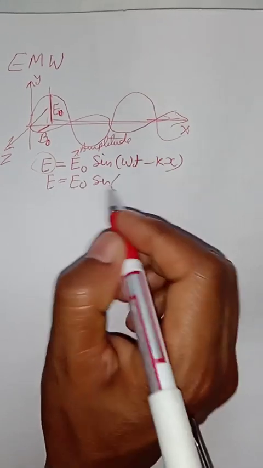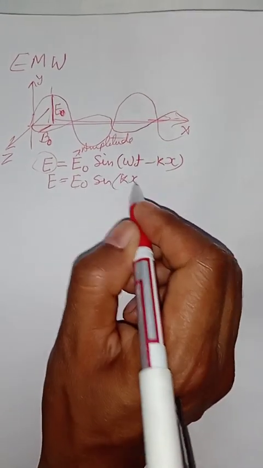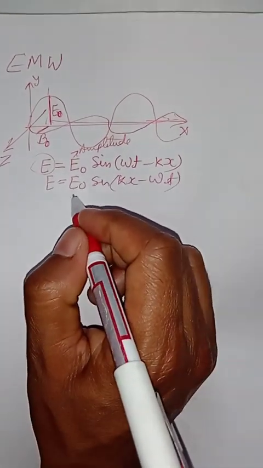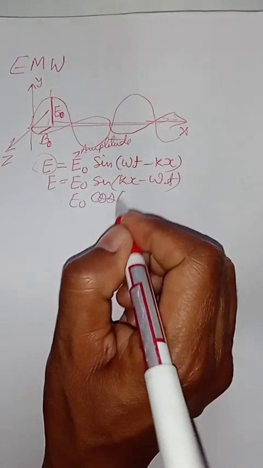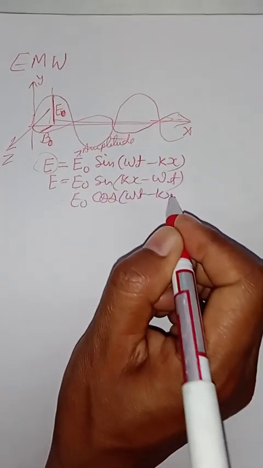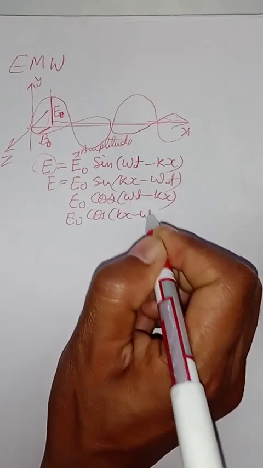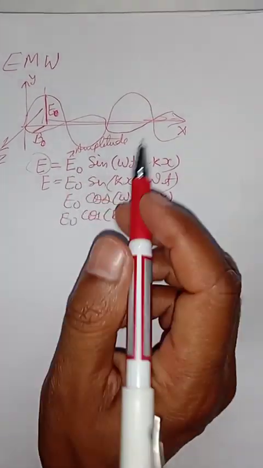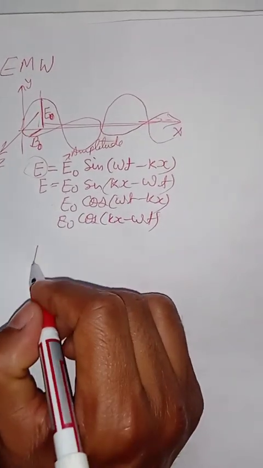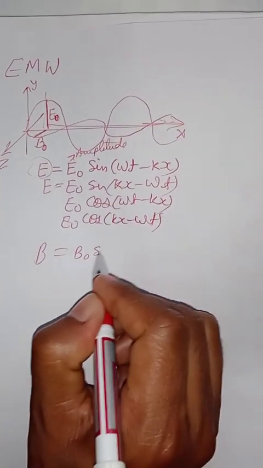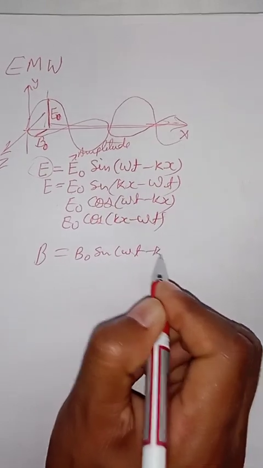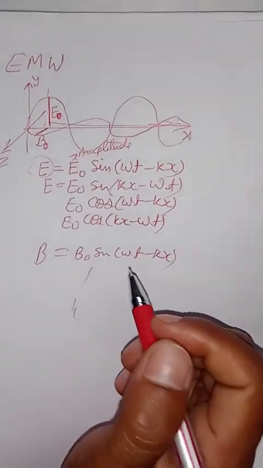E naught sine(kx minus omega t) is also possible, and similarly E naught cos(omega t minus kx) is possible, and also E naught cos(kx minus omega t). So all of these forms, and similarly B equal to B naught sine(omega t minus kx), and so forth.